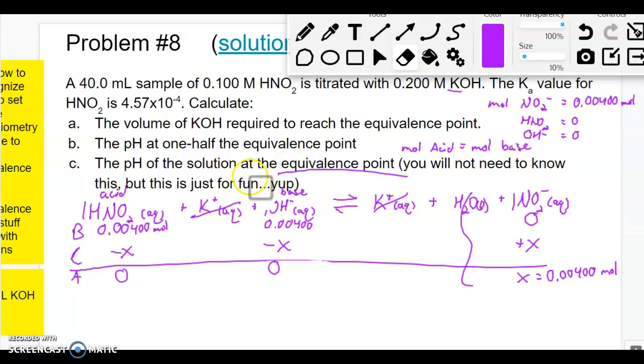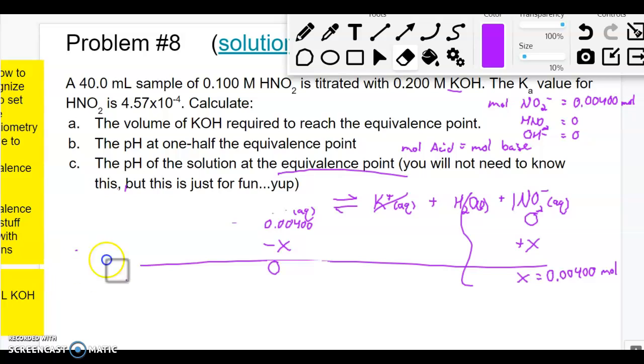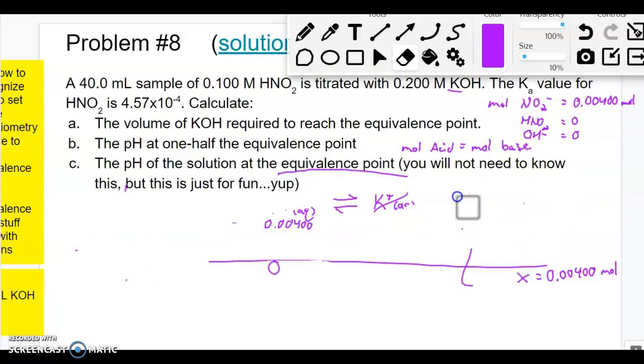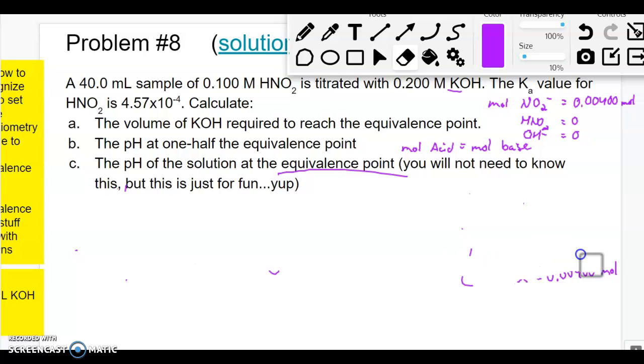I will come back to it though at the end because really you don't have to flip it around. I'll show you. But because we're done with our stoich, we're going to go to our ice table because we're still going to be dealing with equilibrium. We have NO2 minus, which is a conjugate of a weak acid, and it will end up affecting the pH.